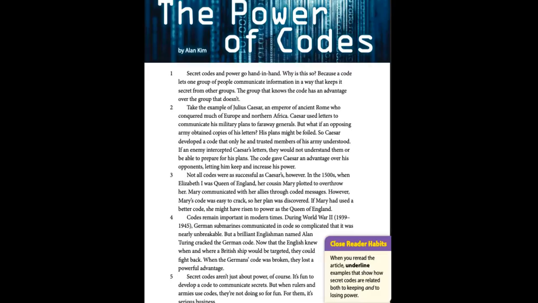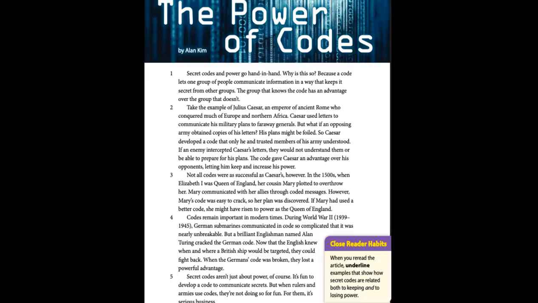But what if an opposing army obtained copies of his letters? His plans might be foiled. So Caesar developed a code that only he and trusted members of his army understood. If an enemy intercepted Caesar's letters, they would not understand them or be able to prepare for his plans. The code gave Caesar an advantage over his opponents, letting him keep and increase his power.